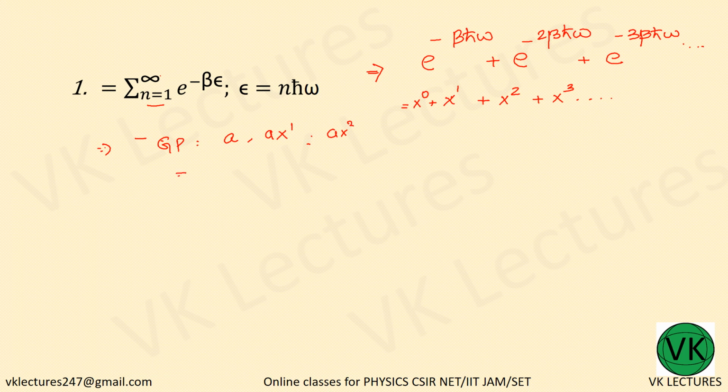So what is the first term here? x, so that is x divided by 1 minus x, that is S infinity, for infinite terms. So you can write the sum over n equal to 1 to infinity of x to the power n is equal to x divided by 1 minus x.